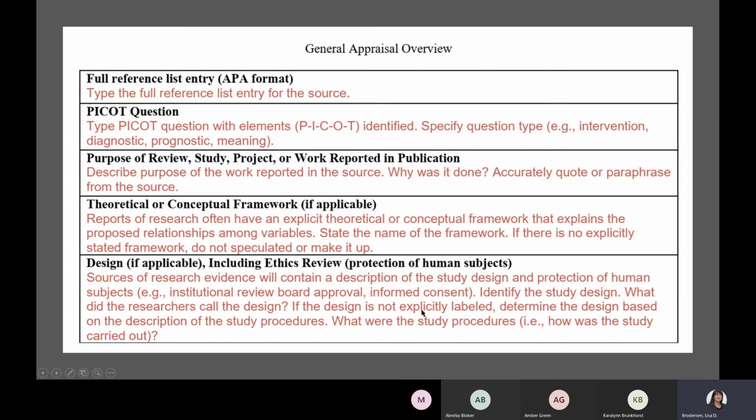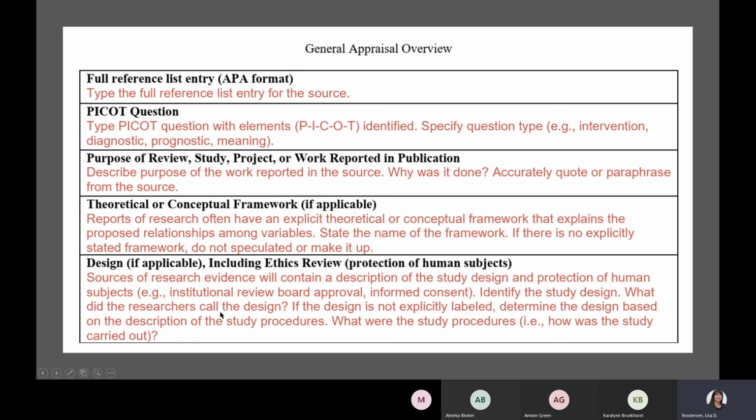And you'll notice there's different terms for the same type of design. So, for example, a randomized controlled trial is conducted using an experimental design, whereas a controlled trial might not be randomized. In other words, it might be a quasi-experimental study. So those things you need to be cognizant of.